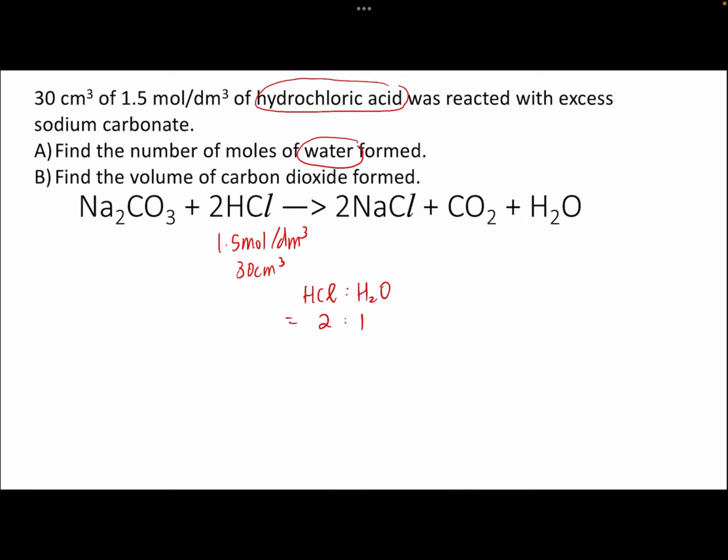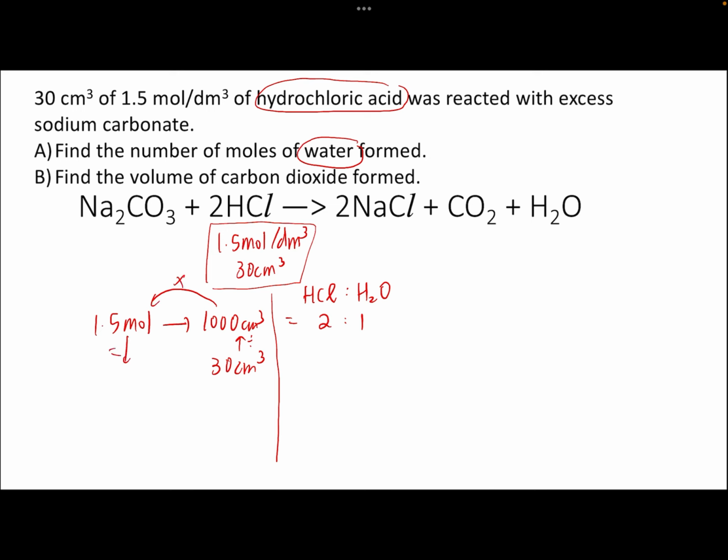This is 2:1. So can I use HCl straight away? I can't, right? Because I do not have the number of moles of HCl, but I can find out, isn't it? So if this is 1.5 mole of HCl dissolved in 1000 cm cube, I'm only using 30 cm cube. So divide, go one round, equal.